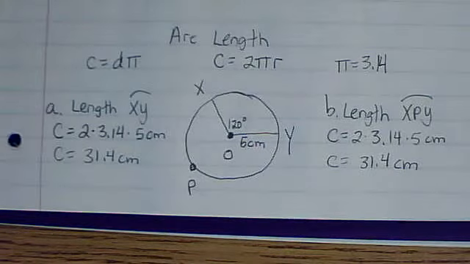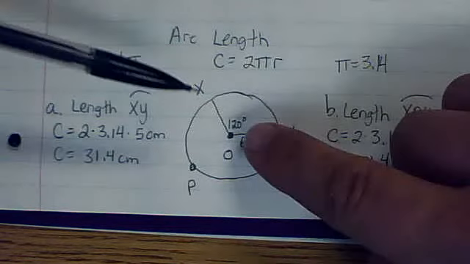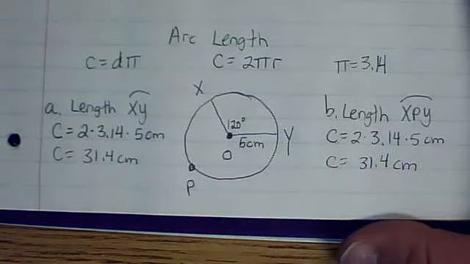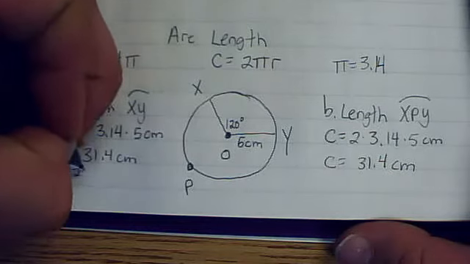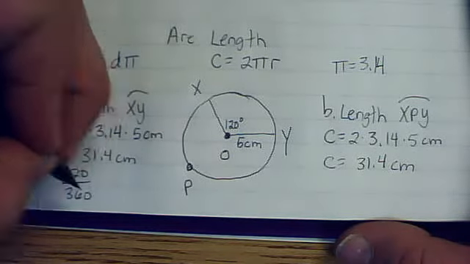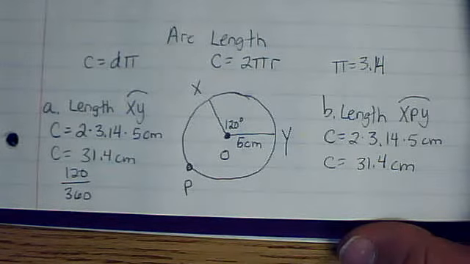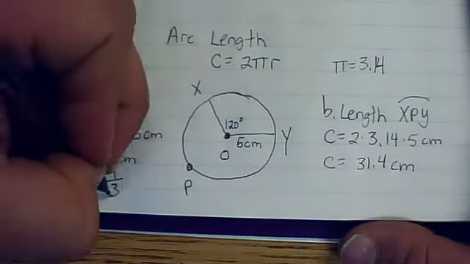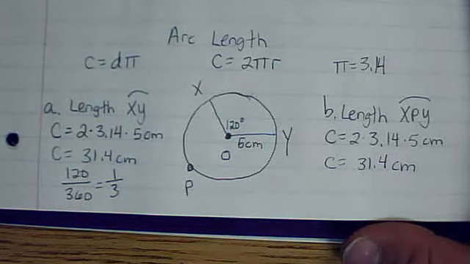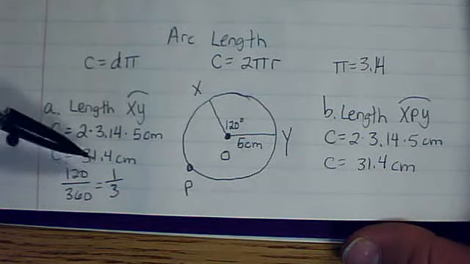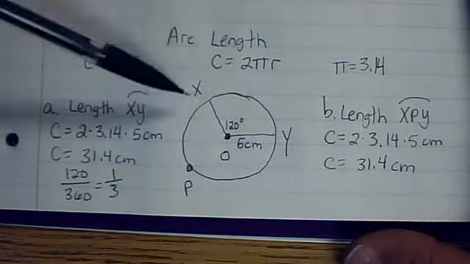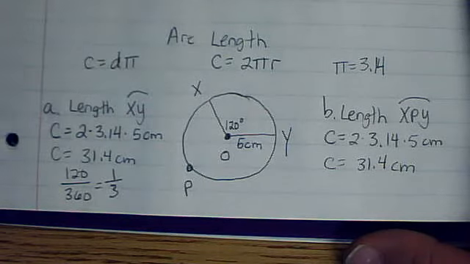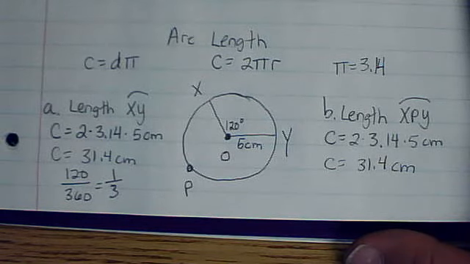Now the calculation of the length. Since this angle measurement is 120 degrees, that is 120 degrees out of 360. If I reduce that fraction, that is 1/3. So what I'm trying to find is 1/3 of my circumference, because that's what XY takes up, 1/3 of the length of my entire circle.